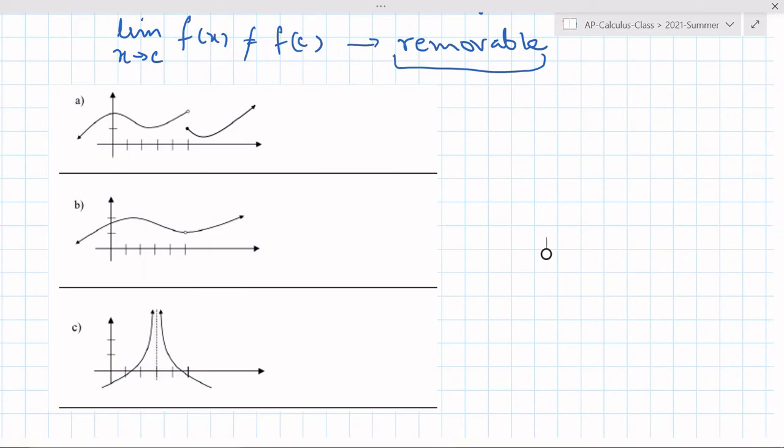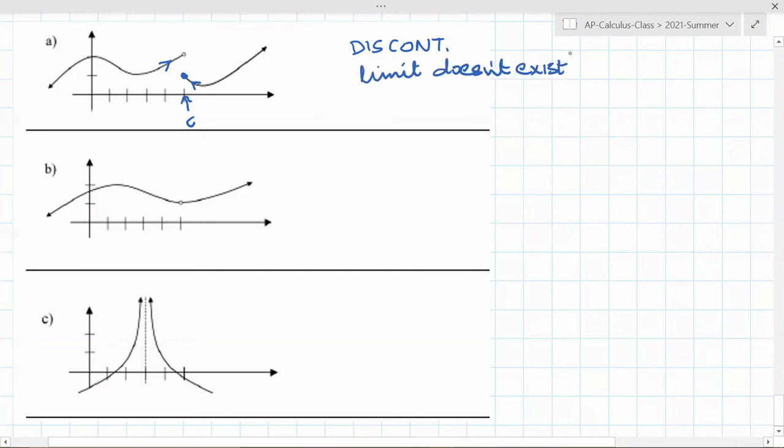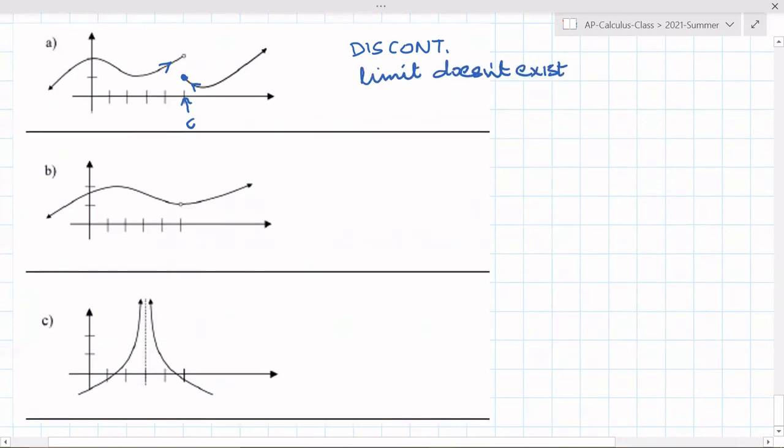So first one, is it continuous or discontinuous? Discontinuous. So the limit doesn't exist, right? That's the condition that is failing. So is it removable or non-removable? It's non-removable. If the limit doesn't exist, it's non-removable. What about this? Is it continuous or discontinuous?